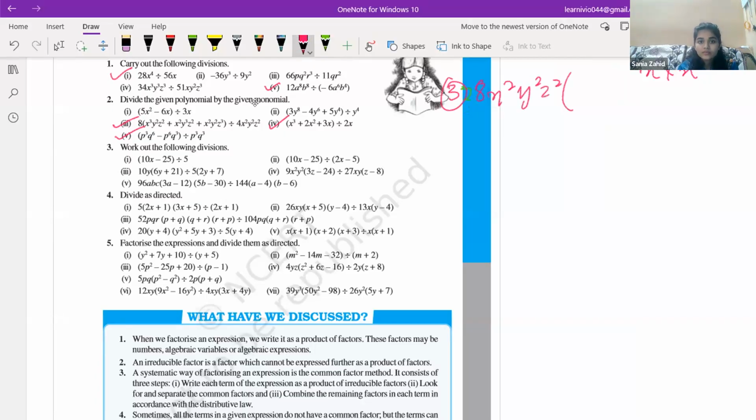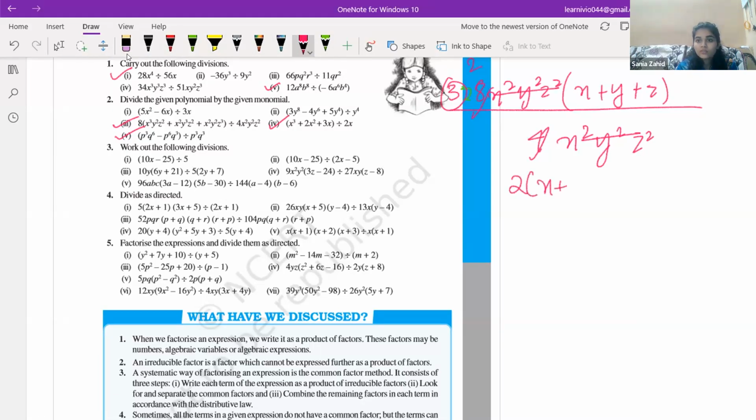What are you left with? x plus y plus z. Then you have to divide it with 4x square, y square, z square. These numbers you can directly cancel, 4 and 8. You have 2 times x plus y plus z. Is this your answer? Yeah.